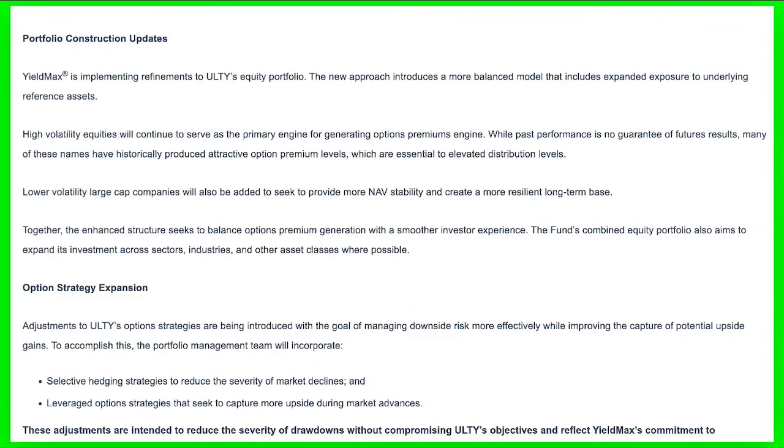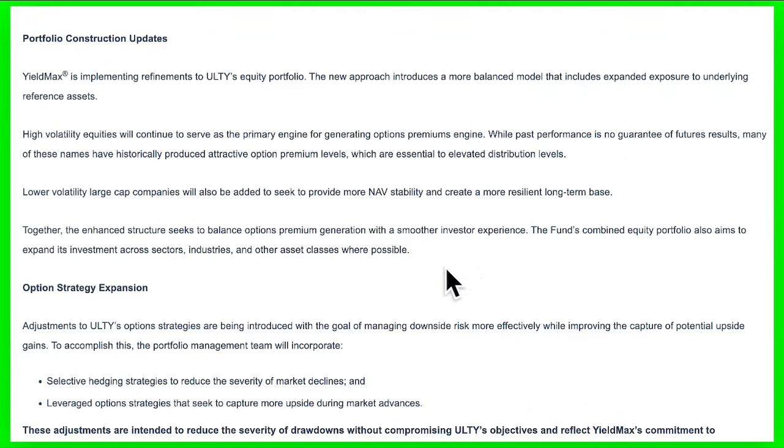So what we can get from this news article is that ULTY used to have very risky stocks that were dominant in this ETF. What they're going to do is keep the same high volatility stocks, because those are very good to generate income. But what they're going to add is lower volatility, large cap stocks, and that will make this fund more stable.